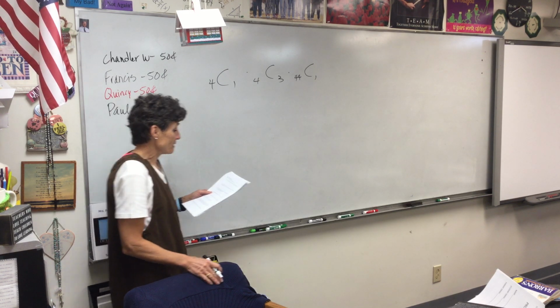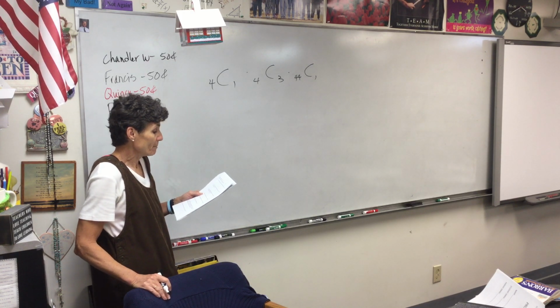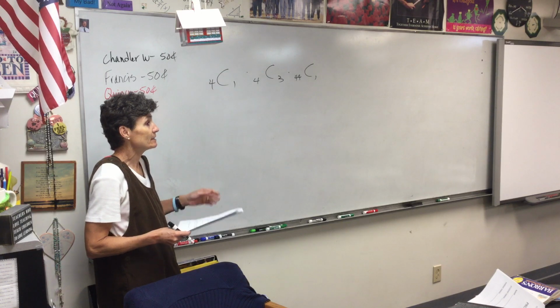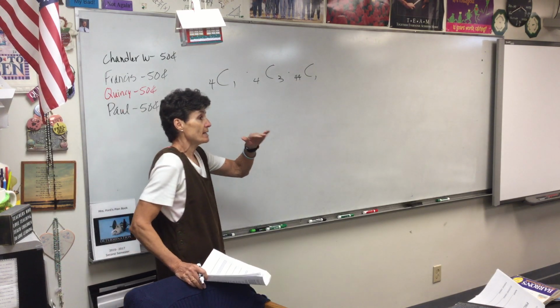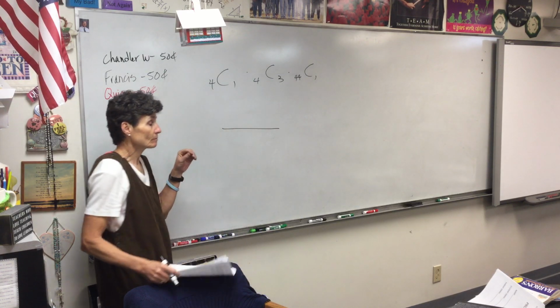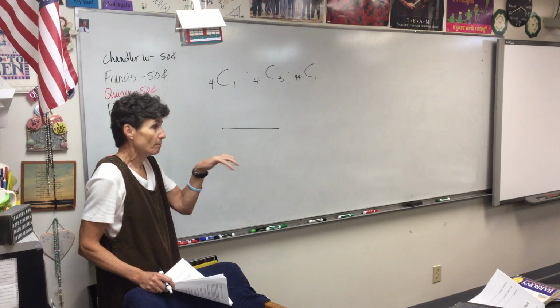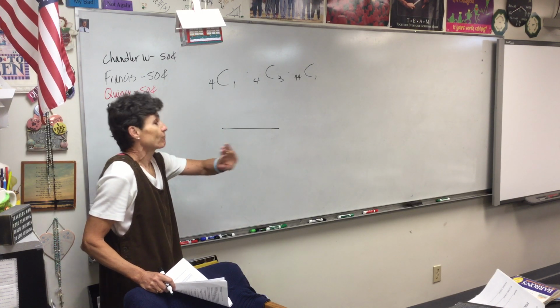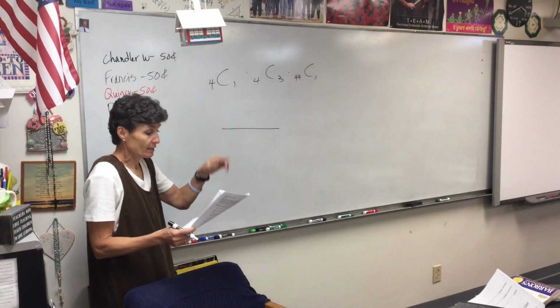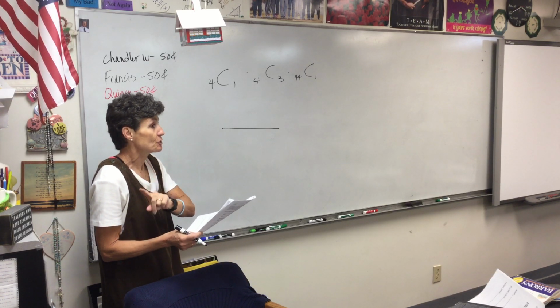A class has 15 boys and 10 girls. 3 students are selected. What is the probability of having exactly 2 boys? Now remember, probability is a fraction. This is kind of a new type of problem for us, although the components you know how to handle. Forget that it's probability for a minute. What if I said, how many ways can I get exactly 2 boys?